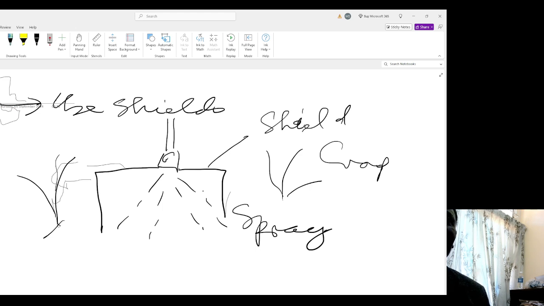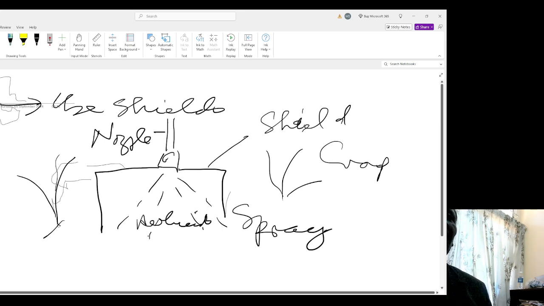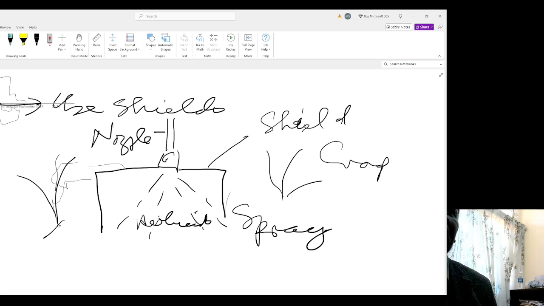So we can fit the shield to the nozzles. This is the nozzle. So this is the herbicide. So we can deliberately protect the crops from the herbicide by using shields, and we can achieve selectivity.